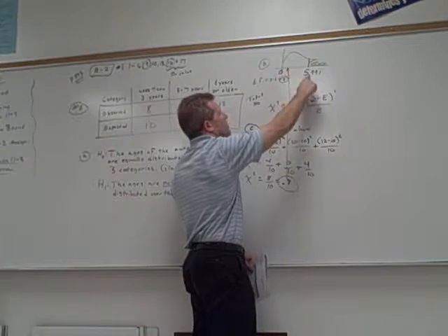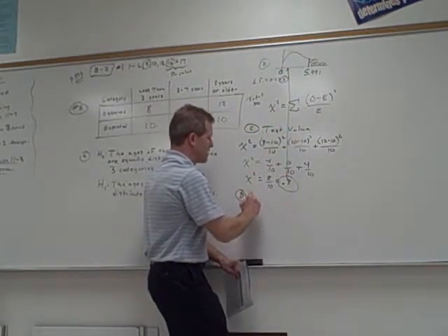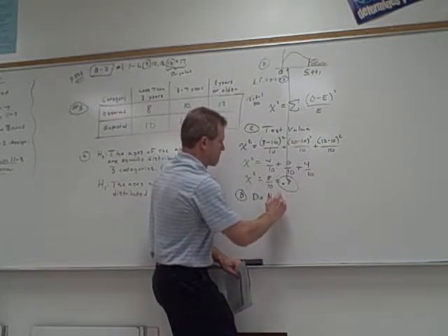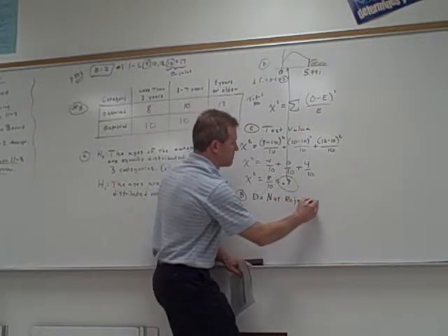A little to the right of 0, to the left of that number. So step D would be do not reject the null, because the test value did not fall in the rejection region.